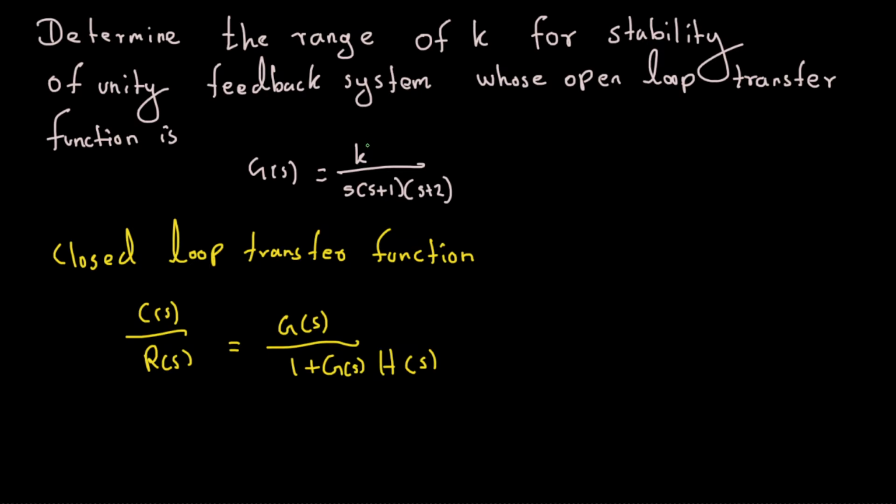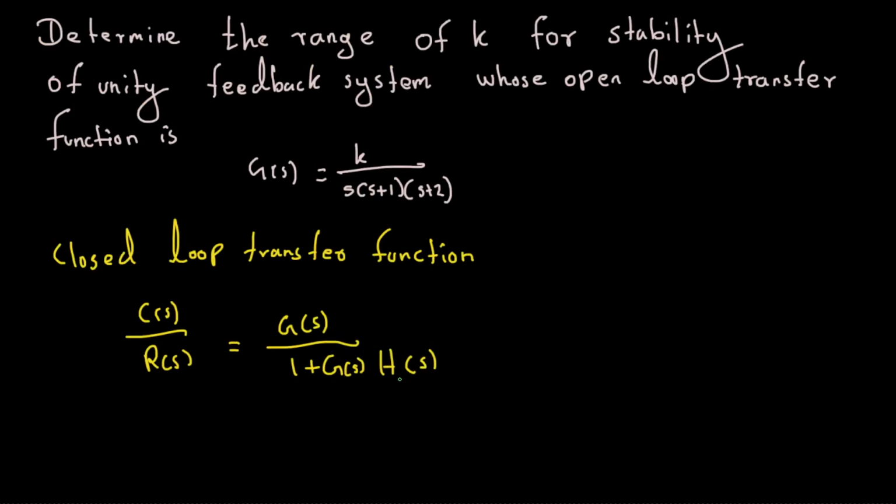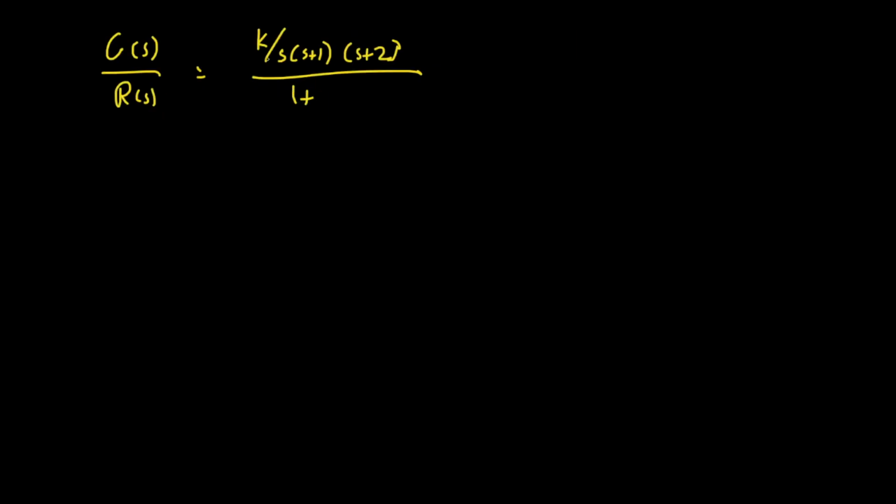So instead of G(s), we can replace it with this one, and C(s)/R(s) will become k over s times (s + 1) times (s + 2), divided by 1 plus G(s)H(s). Instead of G(s) we plug this one, and H(s), if it's not provided, we assume to be 1. So this is going to be 1 plus the exact same value, k over s times (s + 1) times (s + 2).